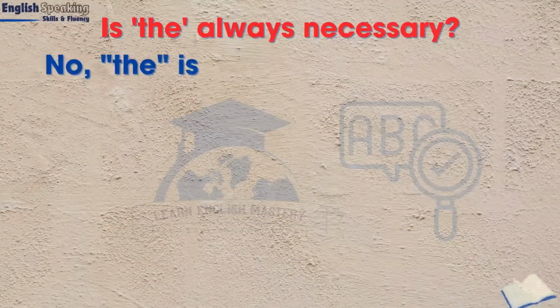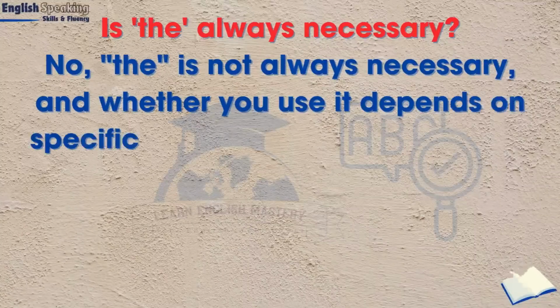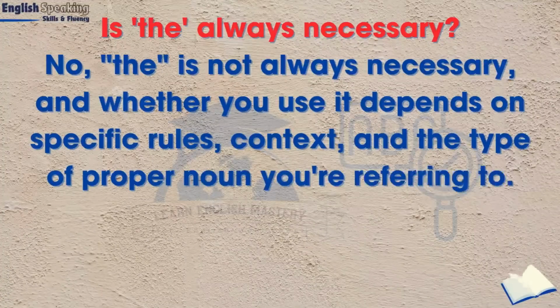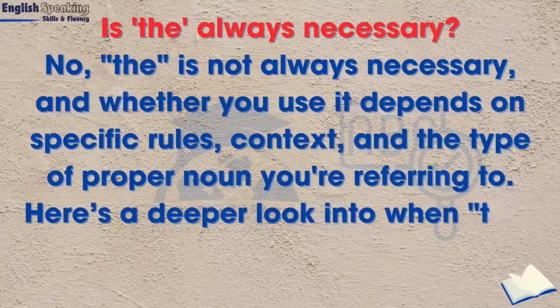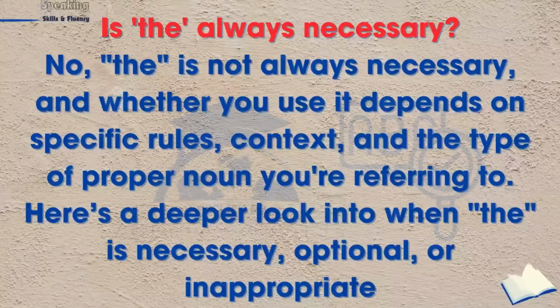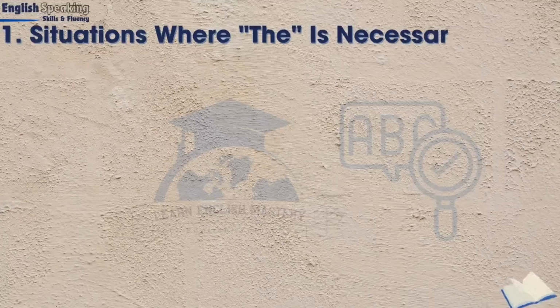No, "the" is not always necessary, and whether you use it depends on specific rules, context, and the type of proper noun you're referring to. Here's a deeper look into when "the" is necessary, optional, or inappropriate. 1. Situations where "the" is necessary.